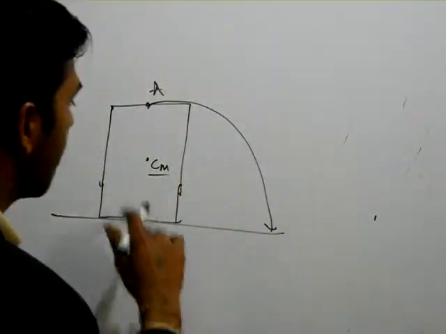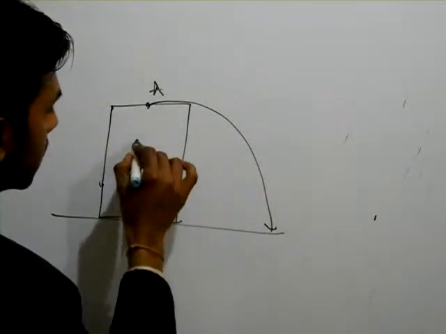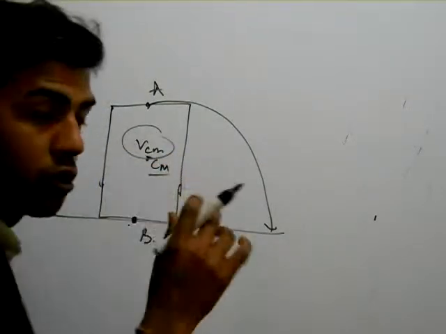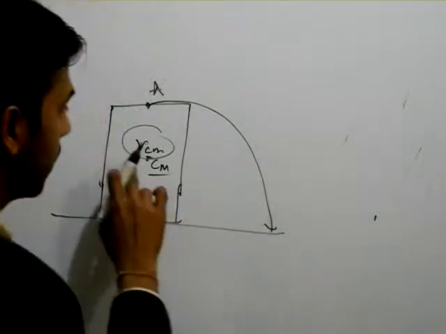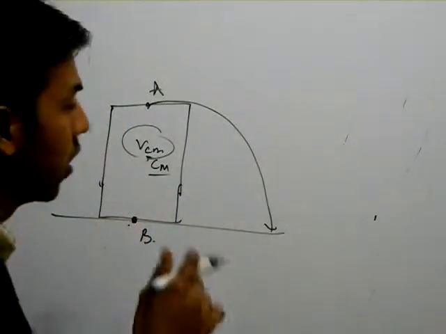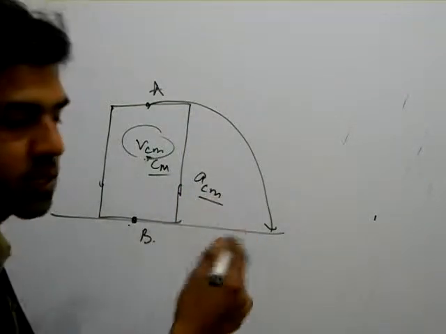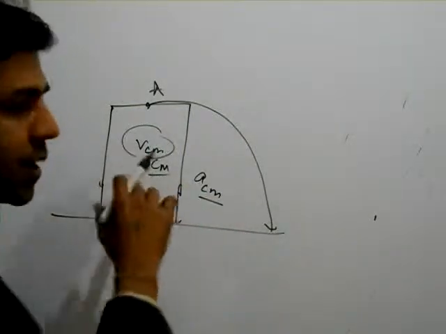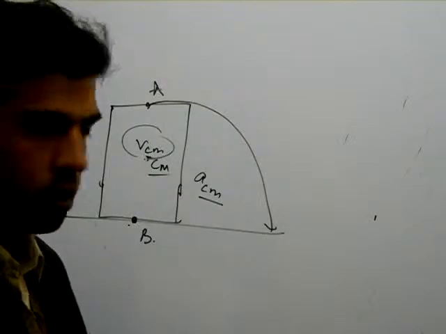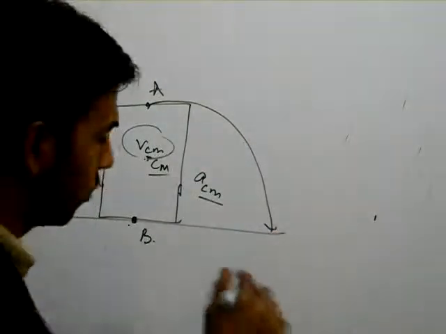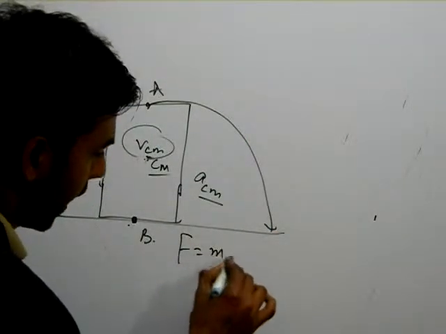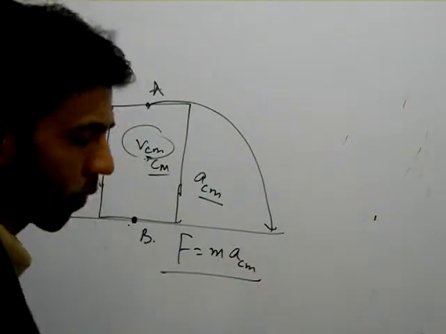For the moment, if you are looking for velocity, you will look for VCM, and if you want to look at acceleration, then ACM, the acceleration of center of mass, and VCM is the velocity of center of mass. So our second law formula becomes F equals m ACM.